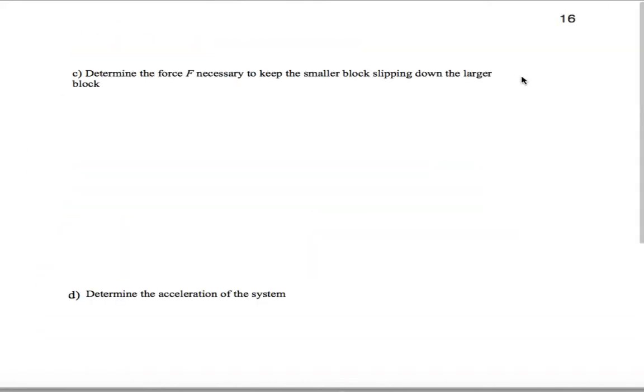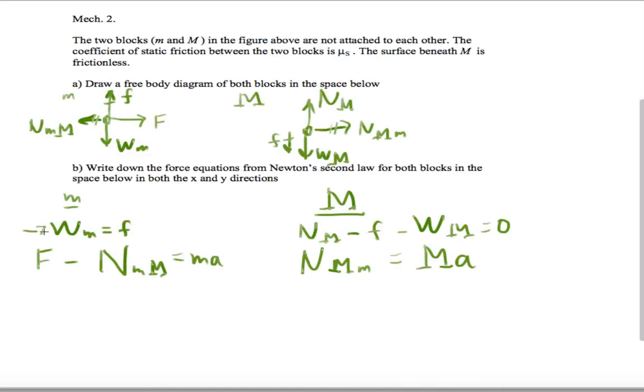So we want to determine the force necessary to keep the smaller block from slipping down the larger. So again, let's look at our equations. I know the friction is going to balance the weight of the little block. That's from this equation here.